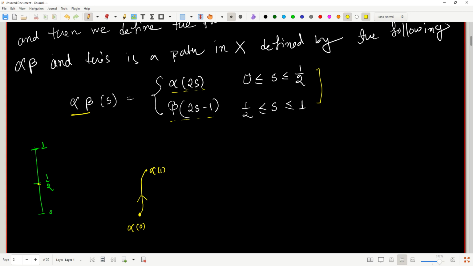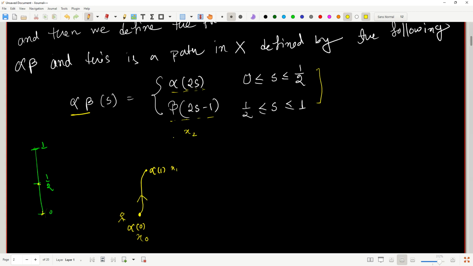So this product is interpreted as, let's say you start walking from here, and you use this alpha. Let's say alpha is a car, you use that curve to go from alpha 0 to alpha 1. Those are the two points that are getting mapped from the interval to the topological space. Let's say this is x0, this is x1, and 1 gets mapped to x2.